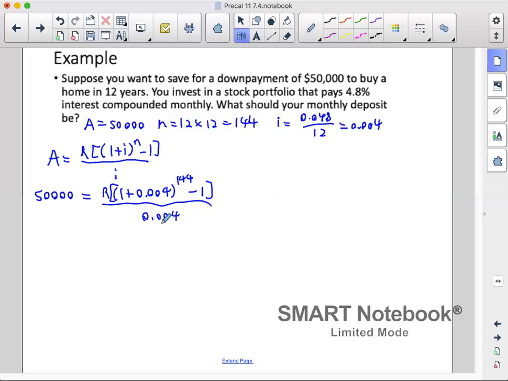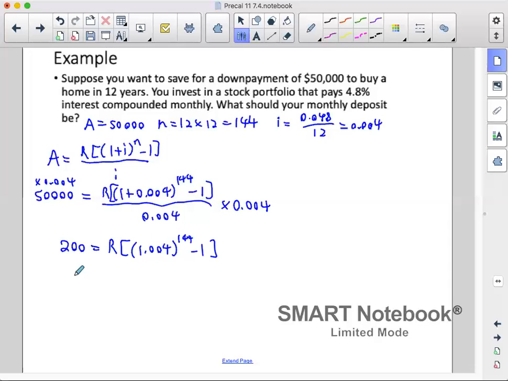So first thing I'll do is get rid of this fraction by multiplying both sides of our equation by 0.004. So that gives us 200 is equal to R times 1.004 to a power of 144 minus 1.